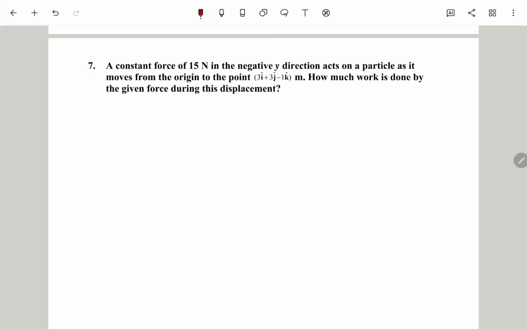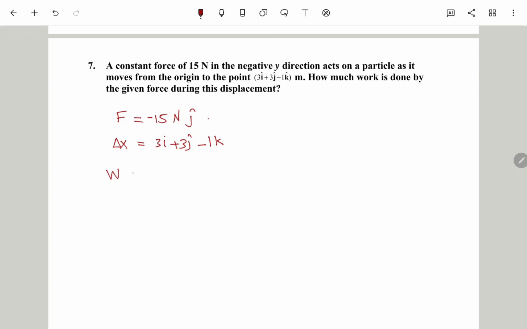Based on the given information, the force equals 15 newtons in the negative y direction, so j hat with a minus sign. And the displacement equals 3i, 3j minus 1k.